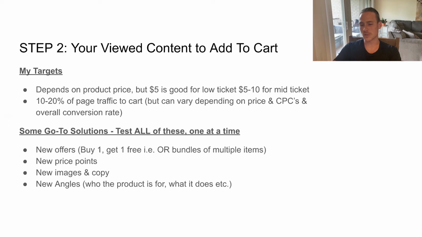You can spend as much as $5 to $10 if it's a low ticket item, assuming that it's converting really well, but most likely closer to that $5 mark is gonna be the sweet spot. If you're selling things that are 15, 20, 25 bucks, if you're selling something that's $30 to $50, $30 to $70, you could probably afford to pay closer to the $10 mark, assuming you have a good conversion, which is gonna be the next step, which we'll talk about, okay?